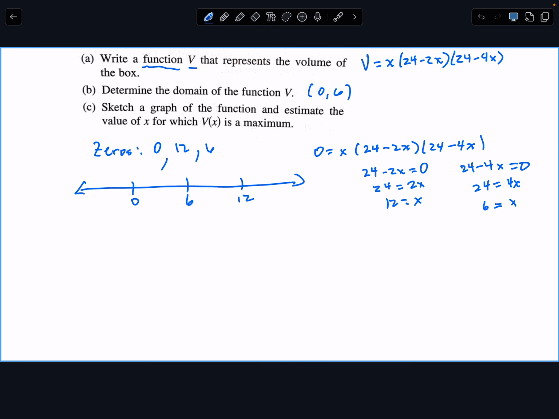And so if we do the sign test, my intervals are negative infinity to 0, 0 to 6, 6 to 12, and 12 to infinity. And then I need a test number in each. So -1, 1, 7, 13. And one thing I saw in some people's papers that I graded in the last class is they didn't show me the factors.